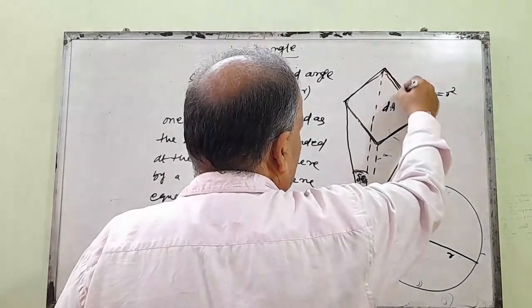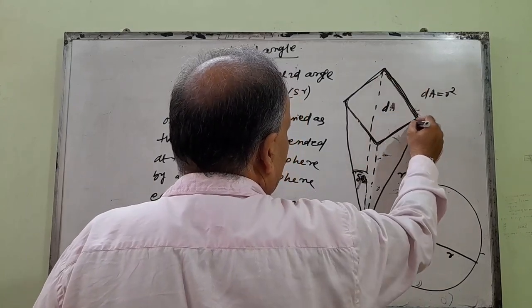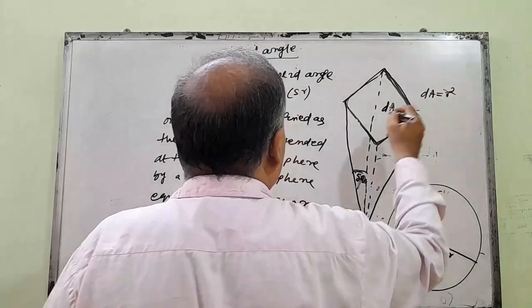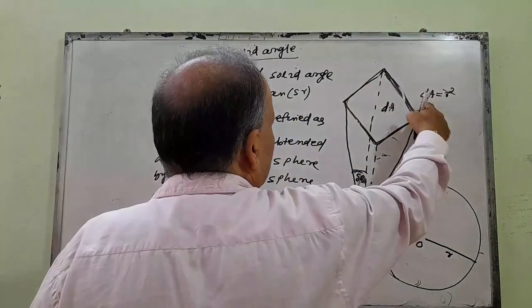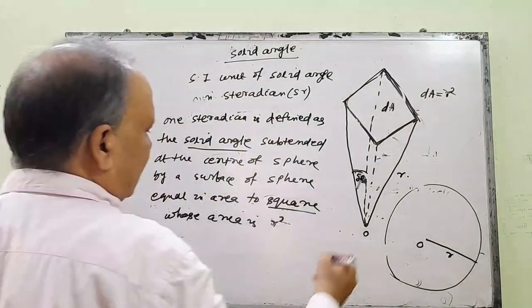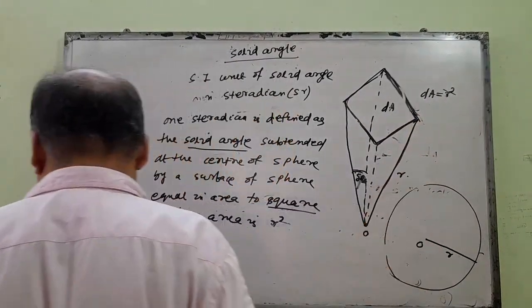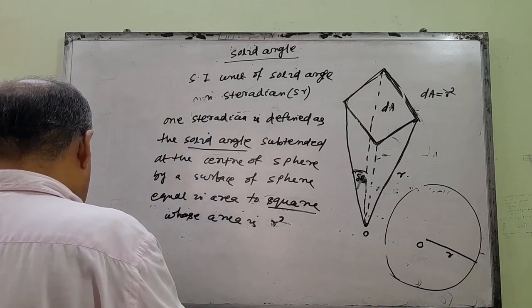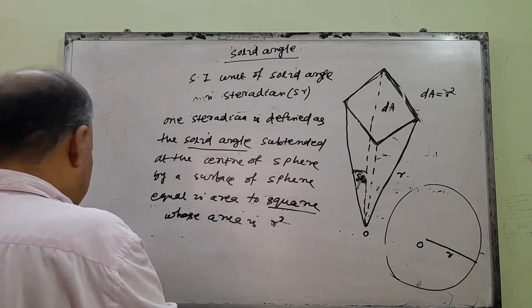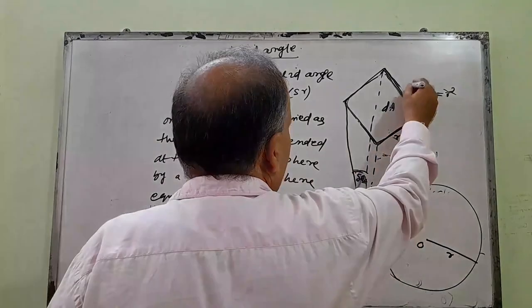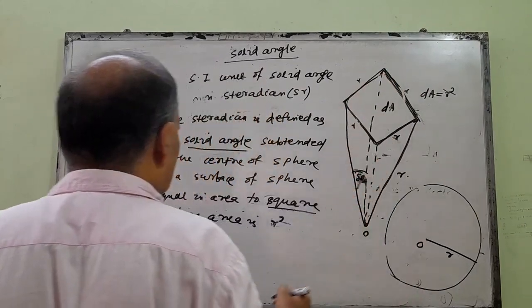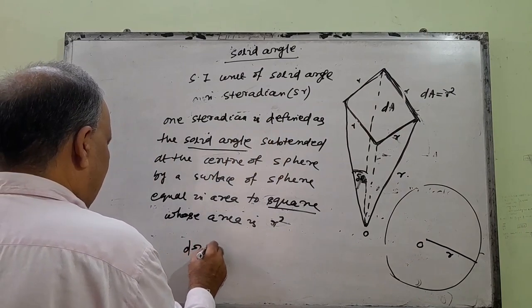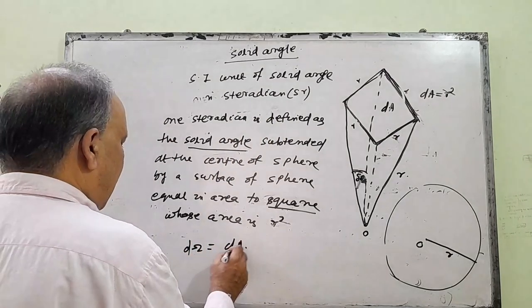That means if this is r and this surface area dA is equal to r square, and the radius of the sphere is equal to r, we can say your solid angle has each side equal to the radius of the sphere. That means this is r, this is r, this is r, this is r. So the solid angle d omega is equal to dA by r square.